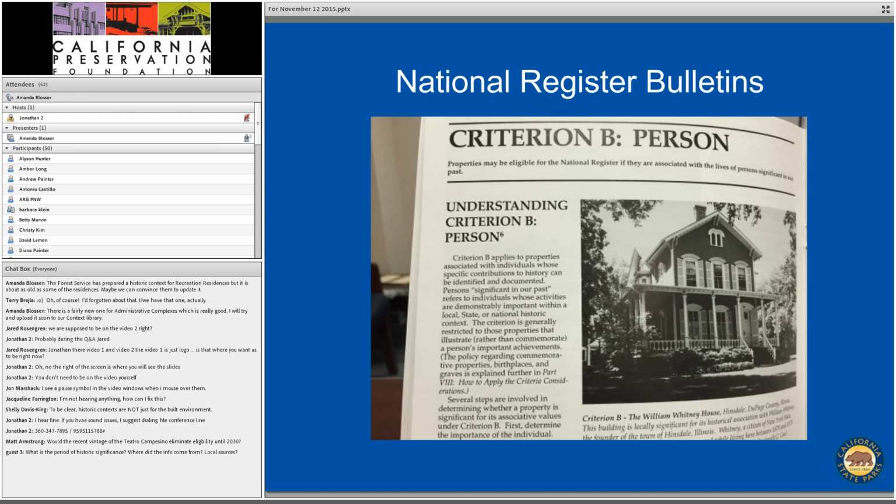And that's why I've put up this crude picture of one of the National Register criteria, criterion B, because I often direct folks to read that first bold line at the top. Properties may be eligible for the National Register if they are associated with the lives of persons significant in our past.